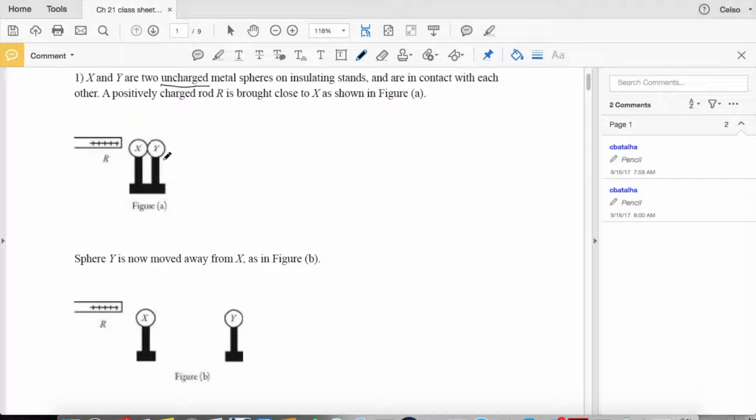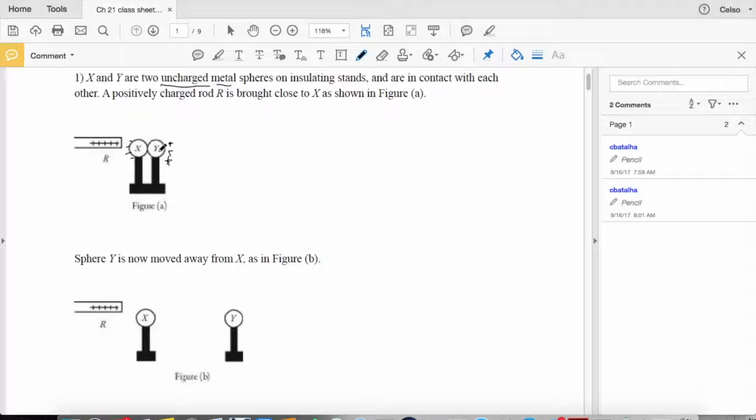Well, since it's metal, we are talking about conducting material, right? So if it's a conducting material, electrons can rush around. This is positive, so we're going to have a bunch of electrons coming over here. We're going to have a lack of electrons in this part of the sphere, right?